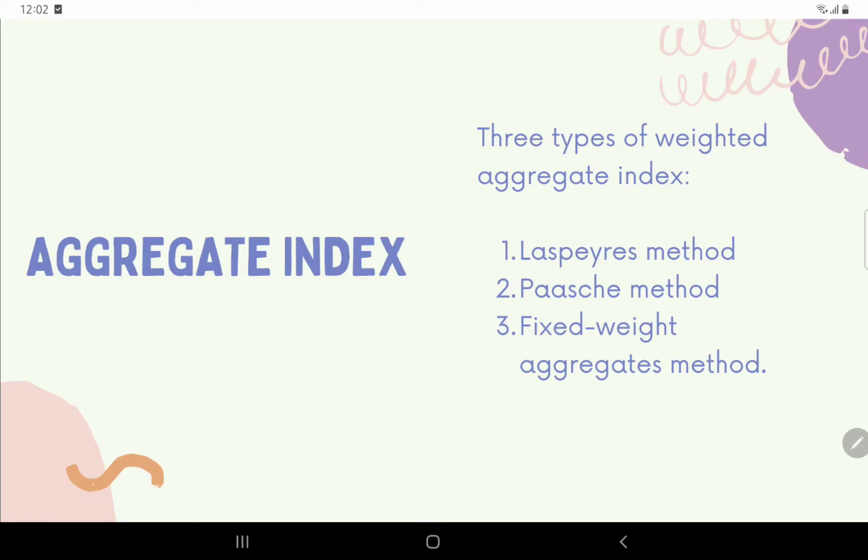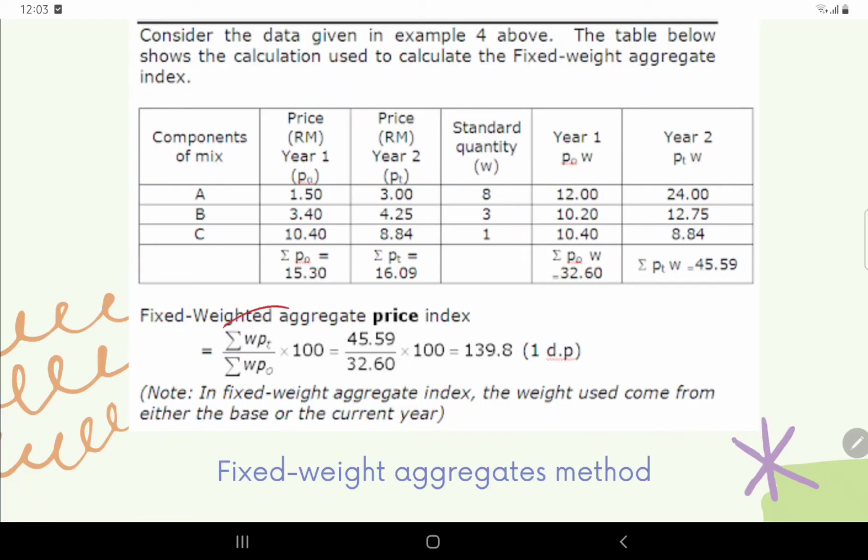Okay, next, aggregate index. Okay, there are three types of weighted aggregate index. Okay, we need to use Laspeyres method, Paasche method and fixed weight aggregates method. Okay, consider we are given data as in table here.